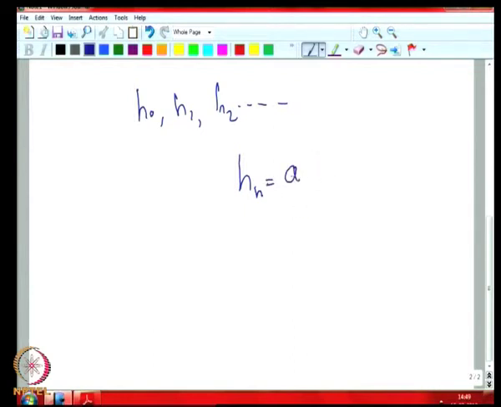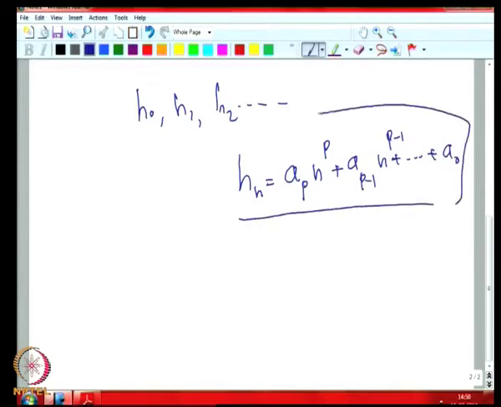Suppose it is ap into n raised to p plus ap minus 1 into n raised to p minus 1 plus, like that, until a0, where ap is not equal to 0, so it is a pth degree polynomial.